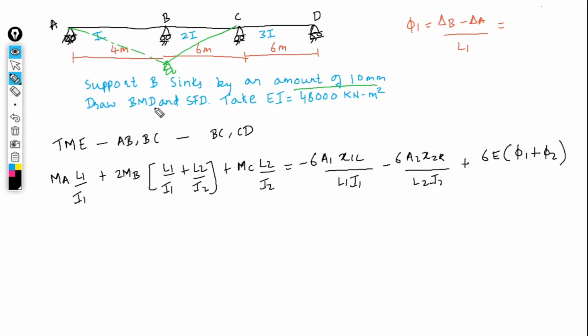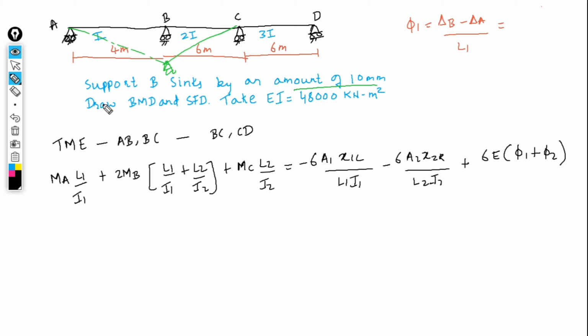And you see the very first step in solving a continuous beam by the three moment equation is to draw the free bending moment diagram. Here no direct load is given, so we cannot draw the free bending moment diagram.